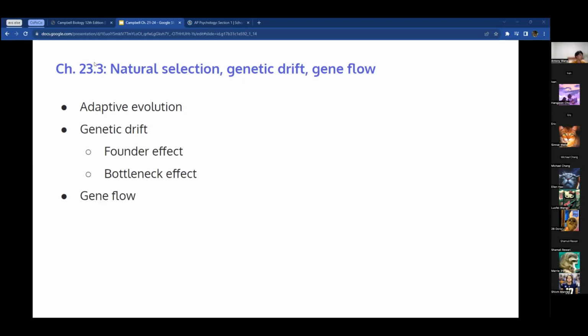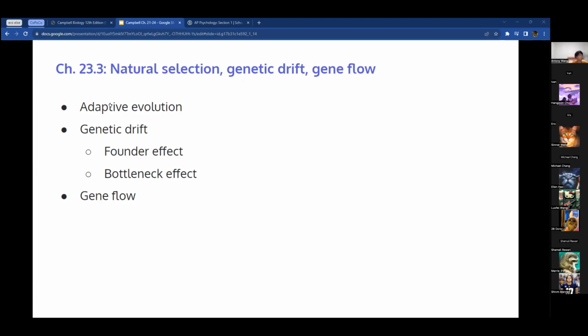Natural selection, genetic drift, and gene flow. Adaptive evolution is just natural selection. There's a trait that's favored by selection. Because you have this trait, it helps you better survive and reproduce in your environment.